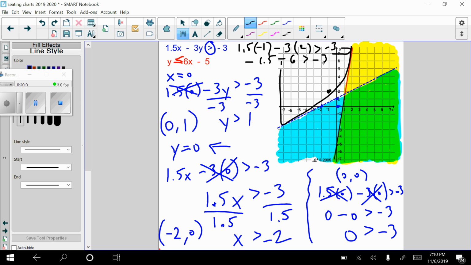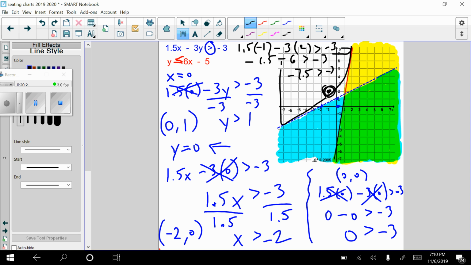Well, this comes out to be -7.5. -7.5 is not greater than -3. So again, this point right here that I just tested does not work for either equation, which is exactly what we should have come up with because there's no shading there at all.